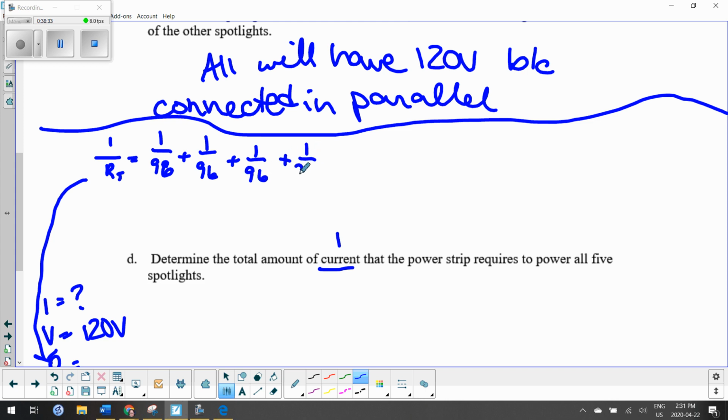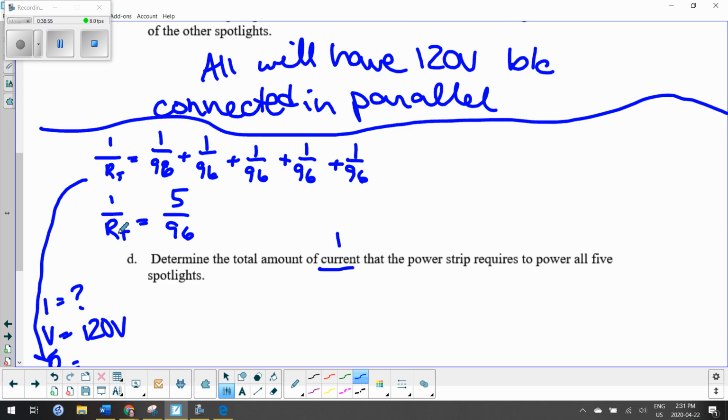And I've got to do this 5 times, because I have 5 different spotlights. When you're adding fractions and all of the bottom number is the same, you can just add the top number. So that's a math skill. So you should have 5 over 96 right now.